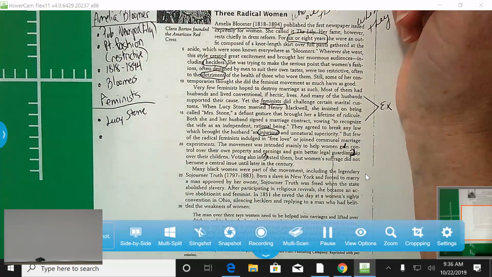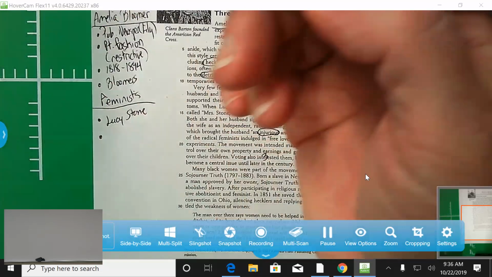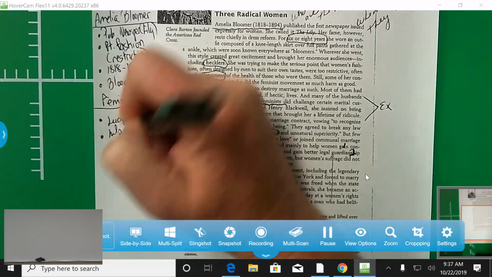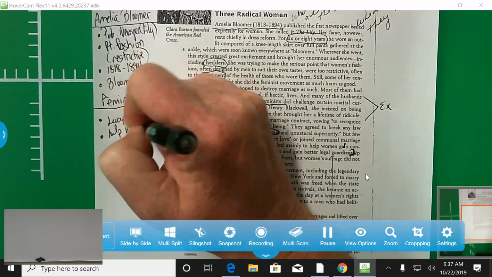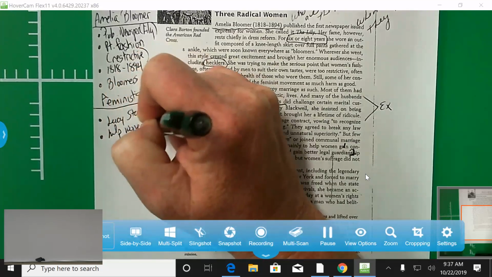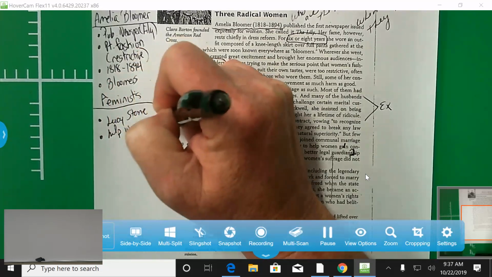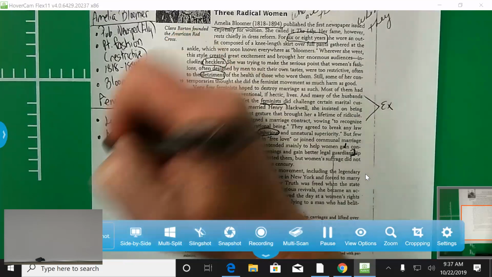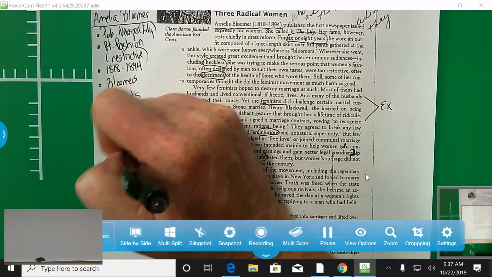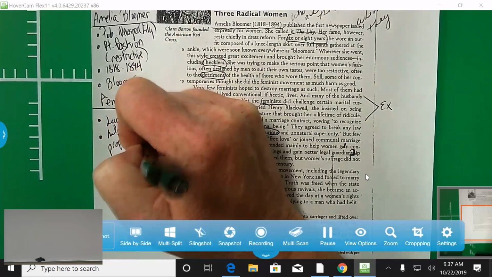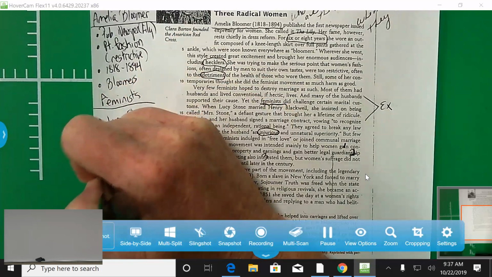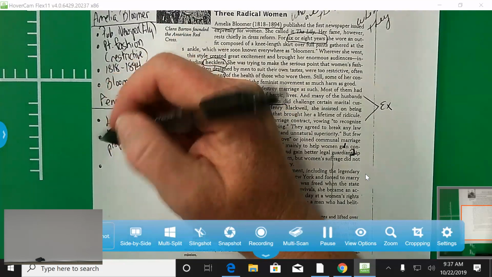What was the goal of the feminists? What did they want to do? Help women what? Yep, help women gain control over property and what? Earnings, their money, right? And they also wanted to help women get what?